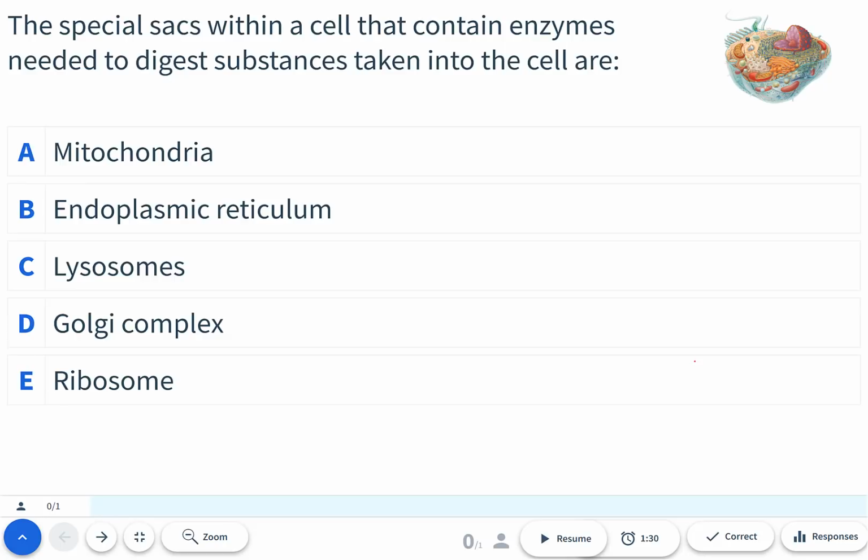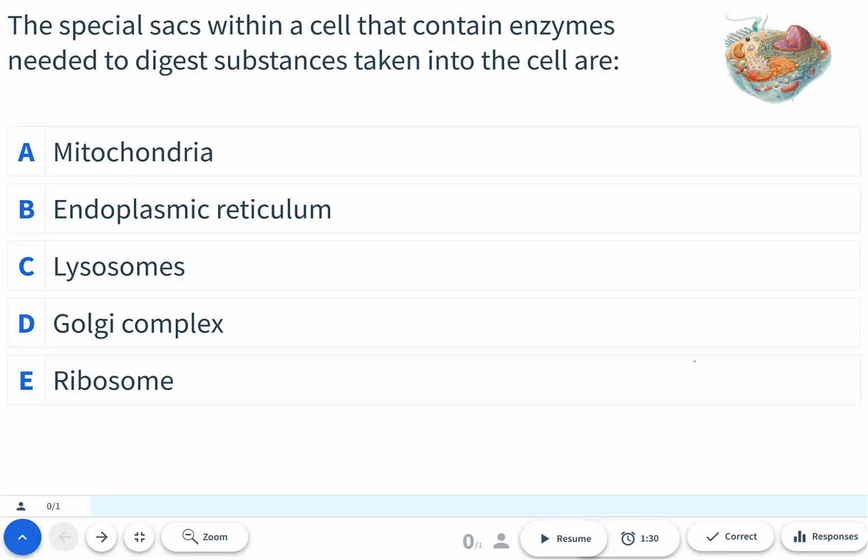So it's not related to enzymes that digest substances taken into the cell. The Golgi complex processes and packages the proteins produced by the rough endoplasmic reticulum and forms vesicles to export them. The ribosomes are made of ribosomal RNA and proteins, and they are the sites of protein synthesis, so they are not related to digestion.